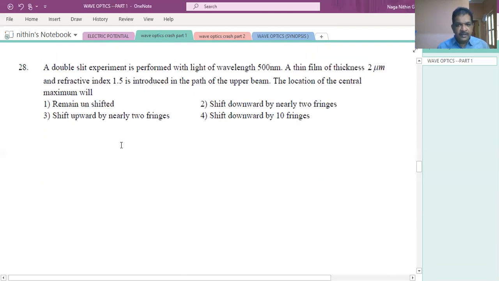Next, 28. A double slit experiment is performed with light of wavelength 500 nanometer. Lambda value is 500 nanometer, thickness will be 2 micrometer, refractive index will be 1.5. Shifting of the central bright band X is equal to, what is the formula here we will use?